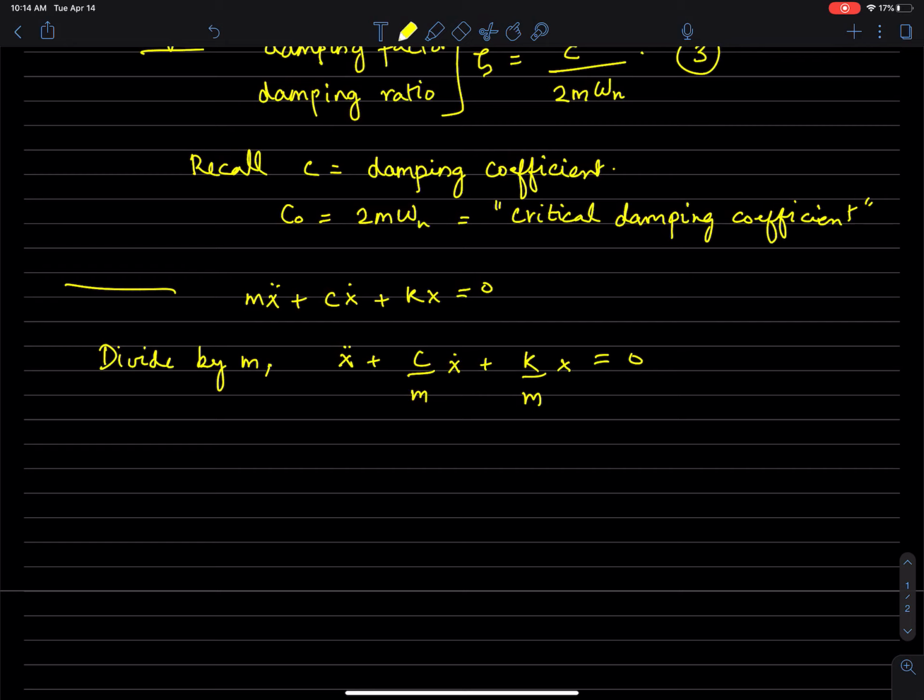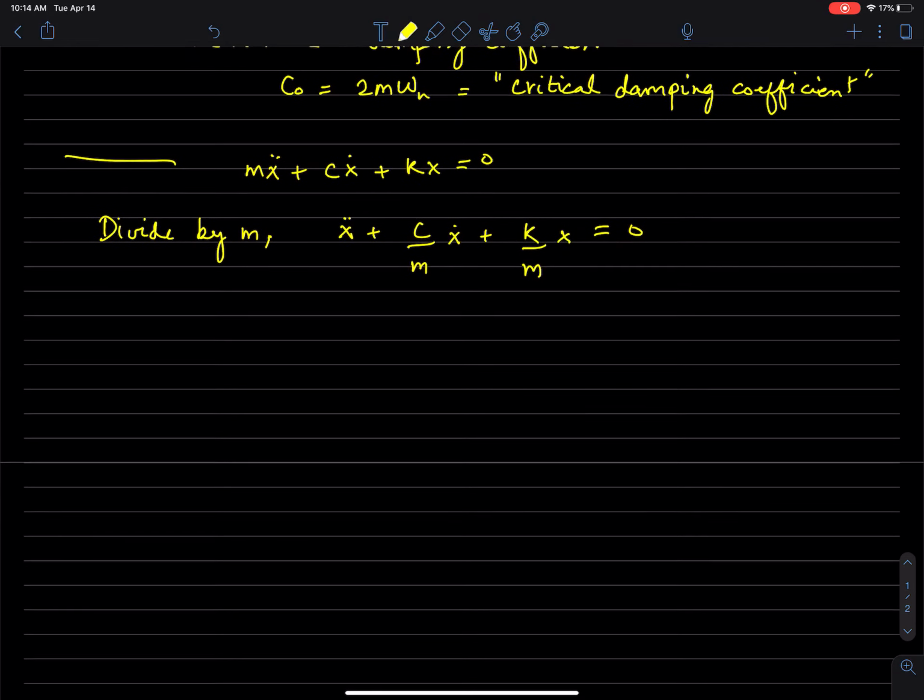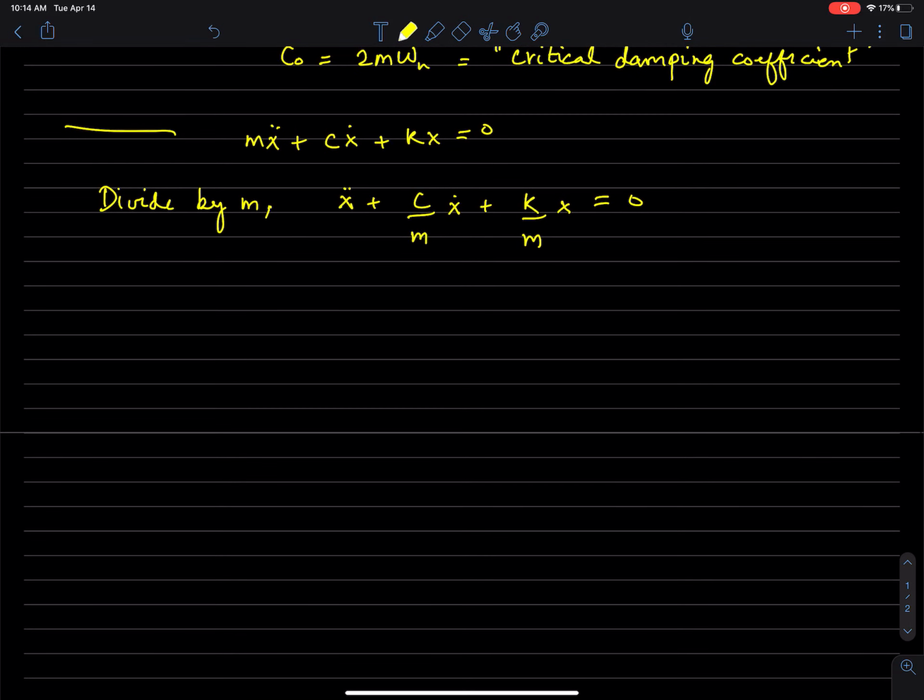Right? And then we do the following thing. We, of course, can multiply and divide this quantity by omega n. So let's do that. We actually multiply and divide by 2 omega n, for the x dot term.